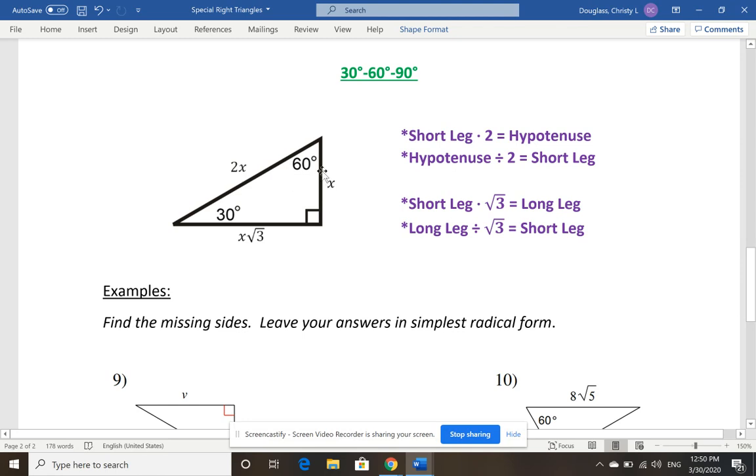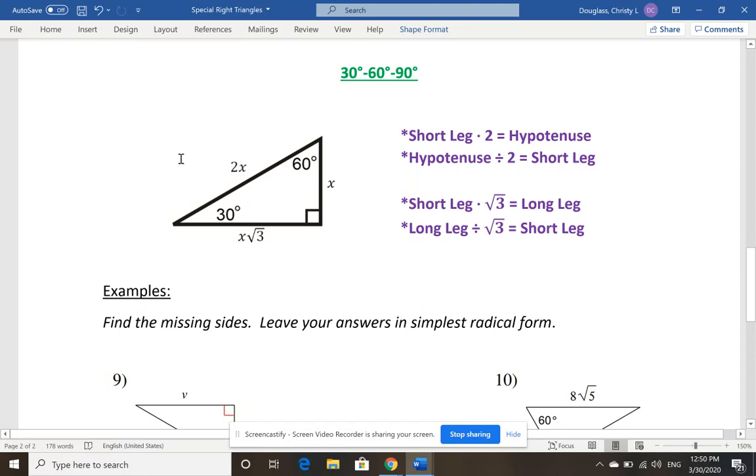The side opposite the 60-degree angle is going to be longer than the side opposite the 30-degree angle. So we're going to call this the long leg. So just to review, in a 30, 60, 90 triangle, you have a short leg, you have a long leg, and then you have the hypotenuse, which is the longest side of all.